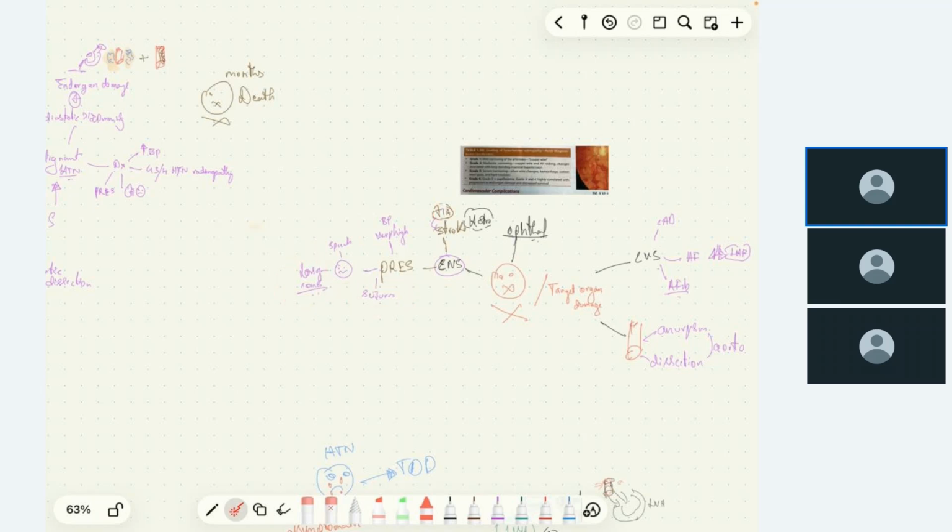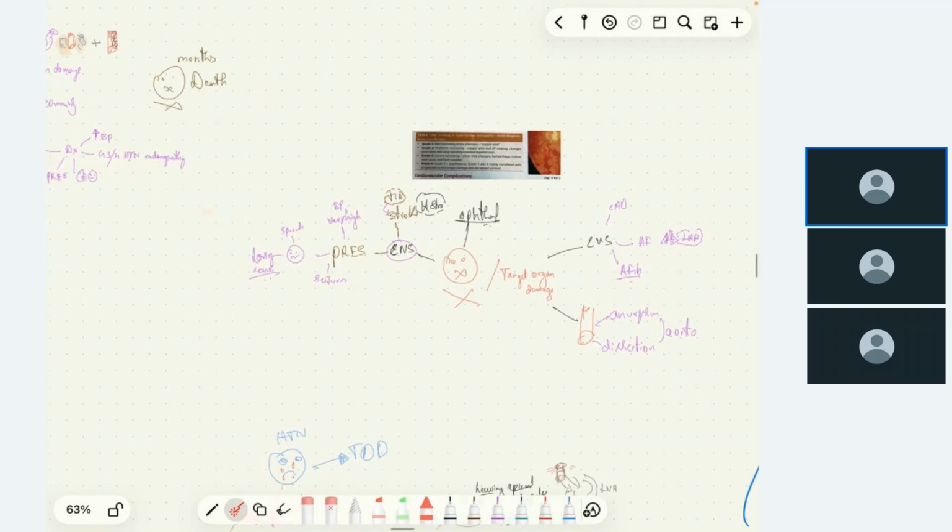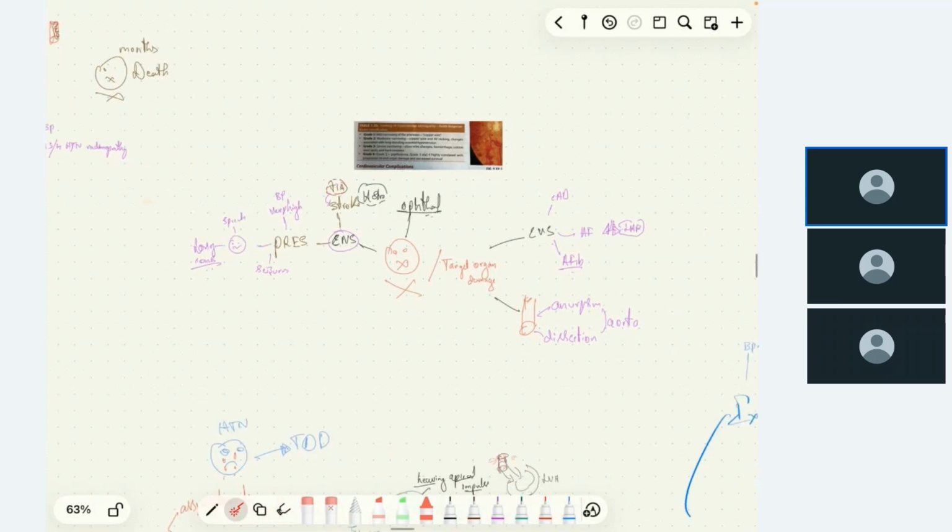While discussing seizure, I'll mention this point again. It is one of the causes of seizure, generalized tonic-clonic or focal. I'll explain this when I explain about seizures in neurology. These are the CNS manifestations, that is stroke and PRES.